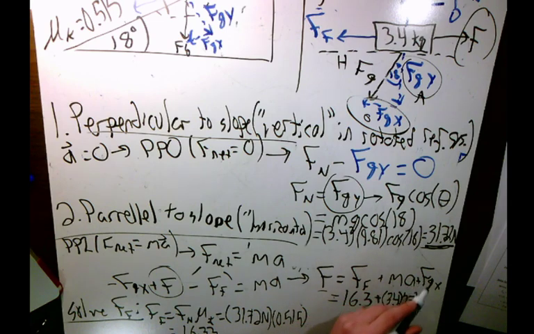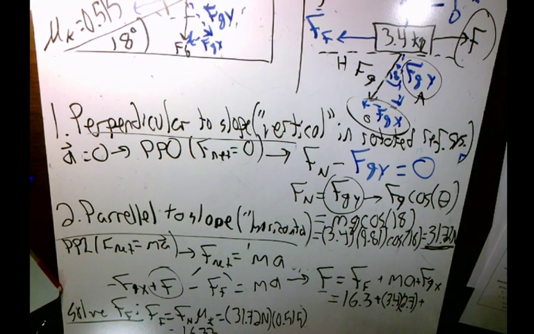And we have force of gravity in the x direction, which is going to be our Fg times the sine of 18, because it's our opposite. So we're going to have our mass again, 9.81 gravity.